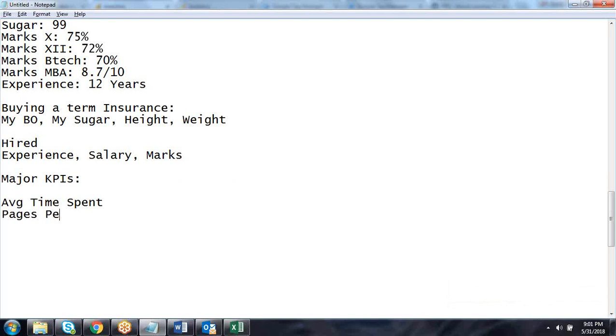Your pages per session would increase. Similarly, your repeat sessions would increase, which means the total number of sessions would increase because repeat sessions would increase, right? Now, bounce rate should go down.